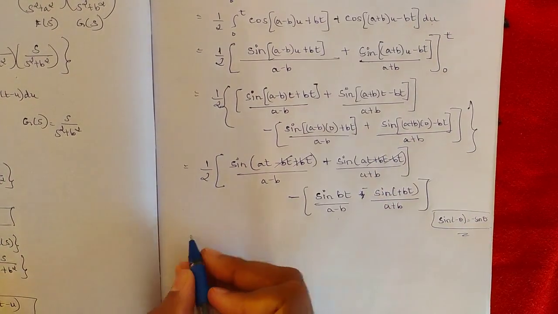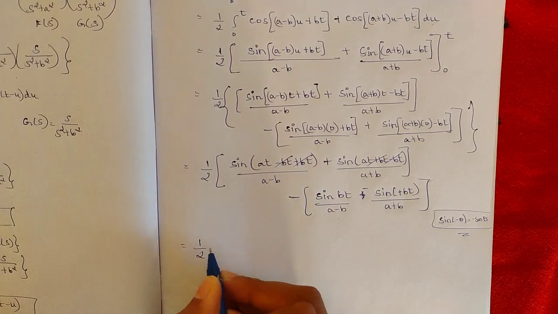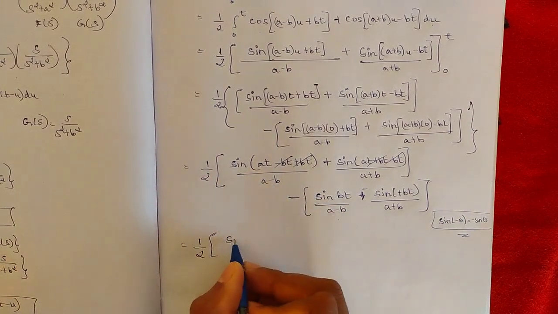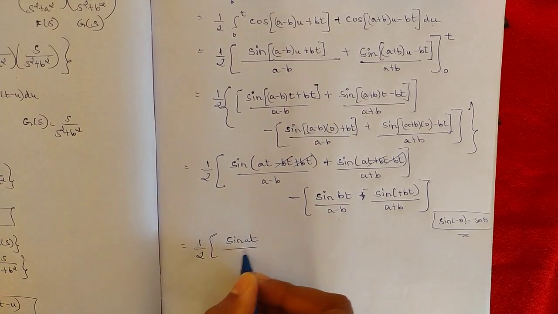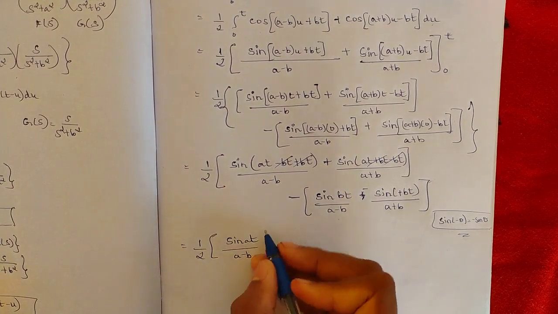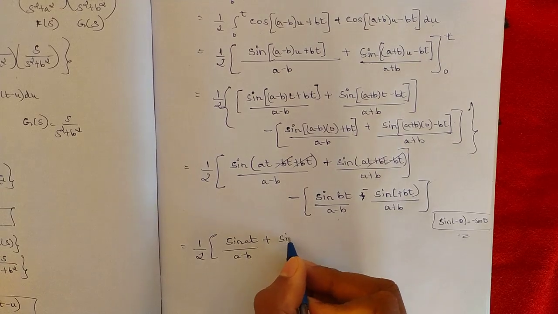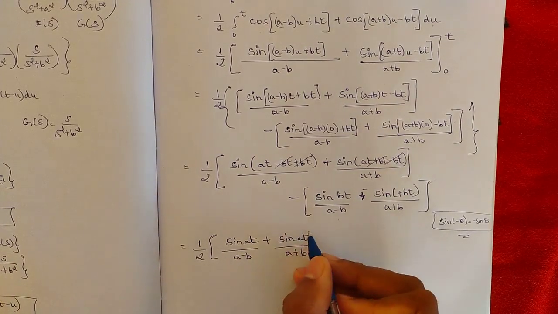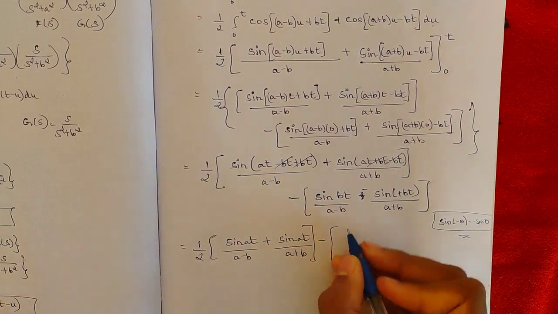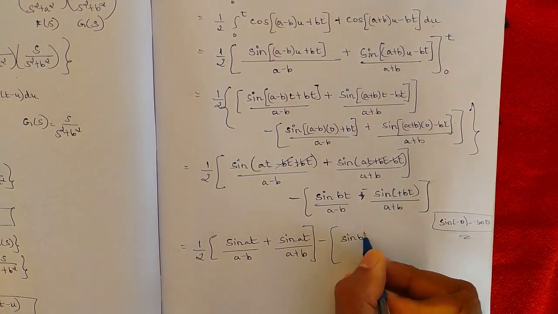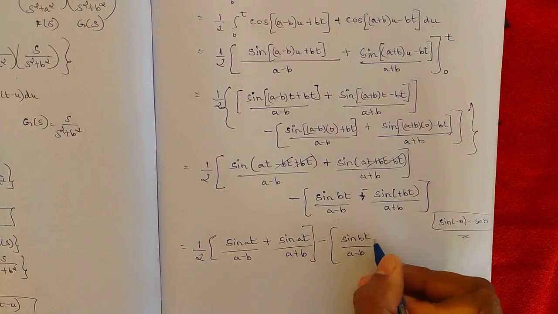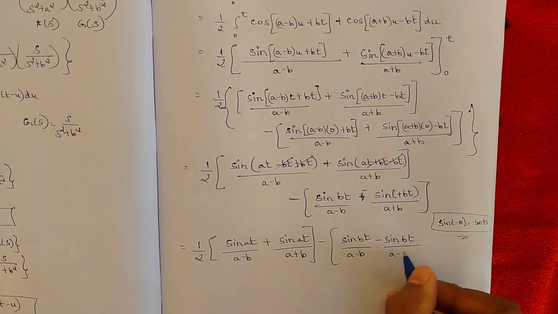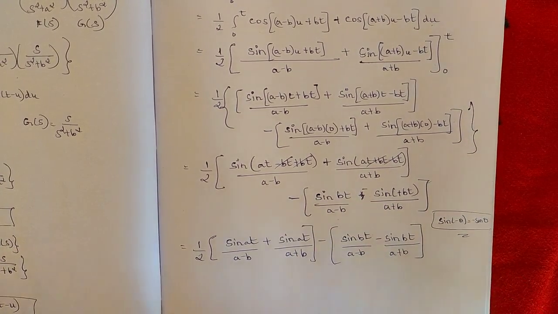Okay, so now what we are left with, 1 by 2 into sine at divided by a minus b plus sine at divided by a plus b minus of sine bt divided by a minus b minus sine bt divided by a plus b.